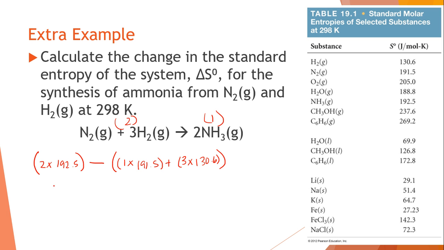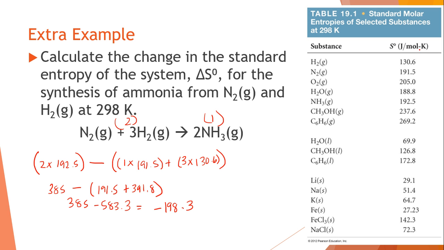And then we have to go ahead and calculate this. It's 385 minus 191.5 plus 391.8. When you go ahead, you get 385 minus 583.3. And this comes out to be negative 198.3.